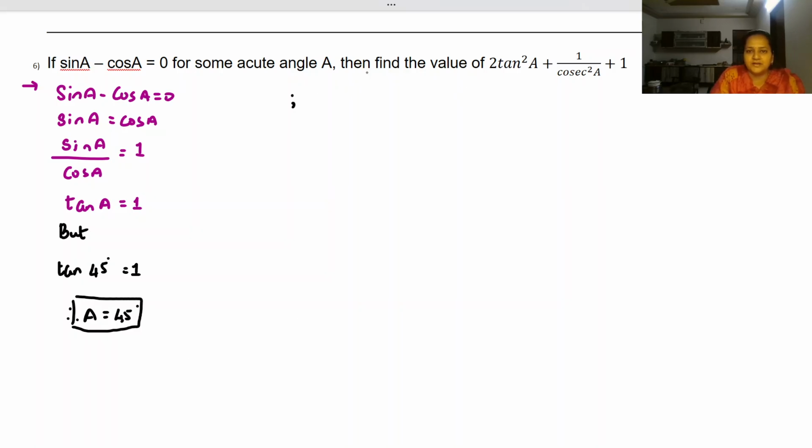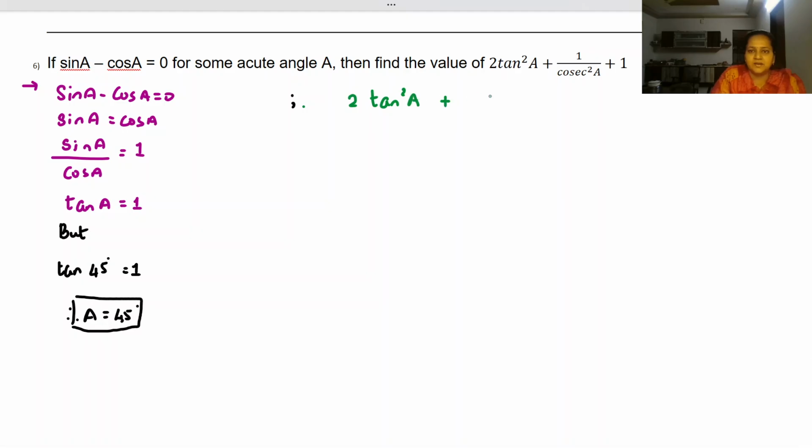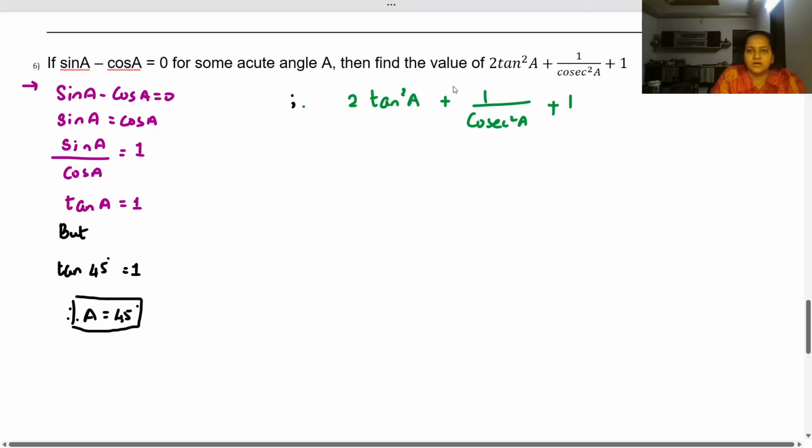Now we need to find the value of 2 tan square A plus 1 upon cosec square A plus 1. Now we know that A is 45.